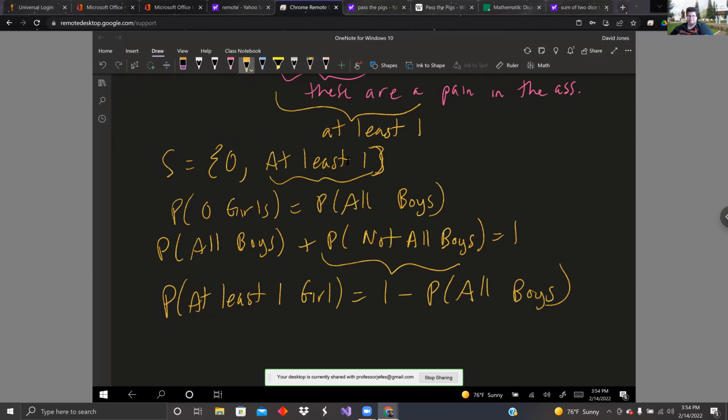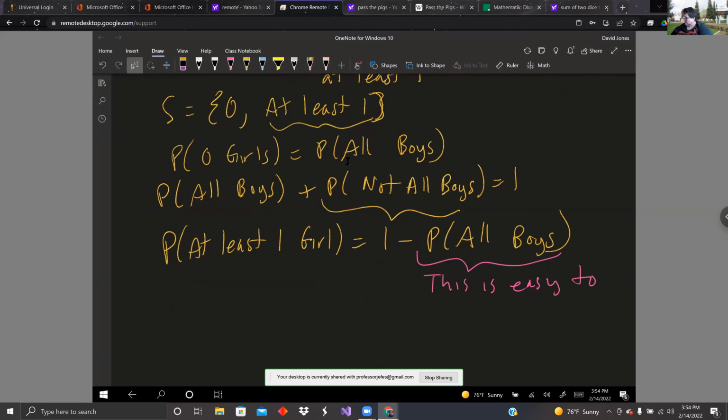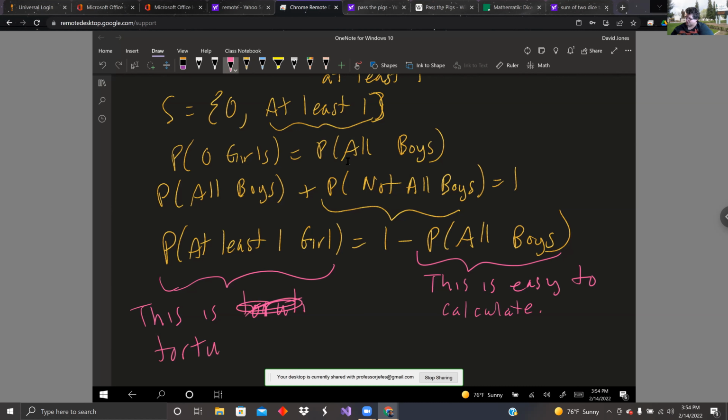And when we start doing 5.3, this is easy to calculate. This is torturous.